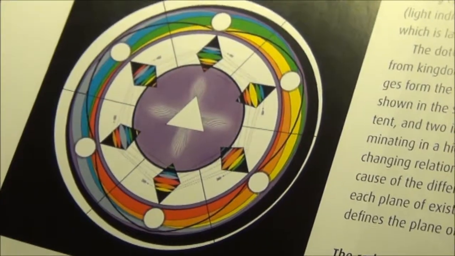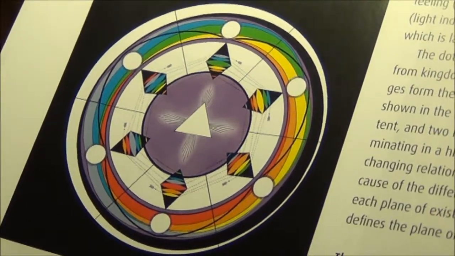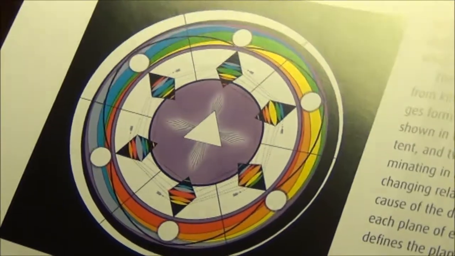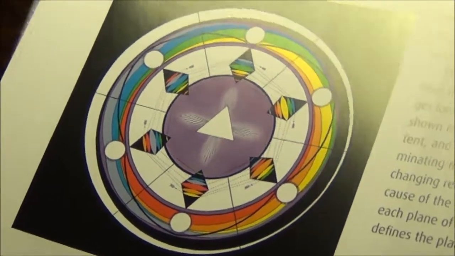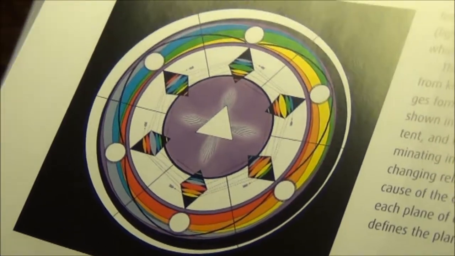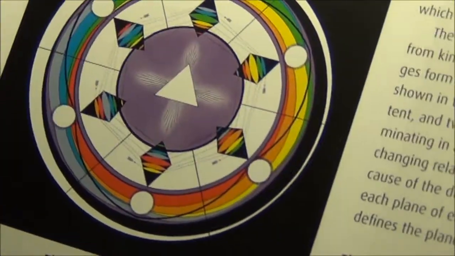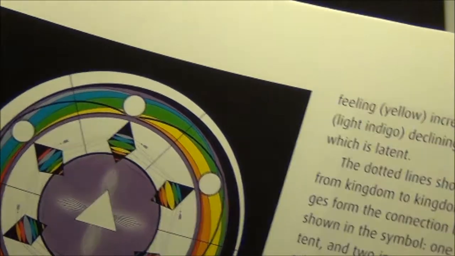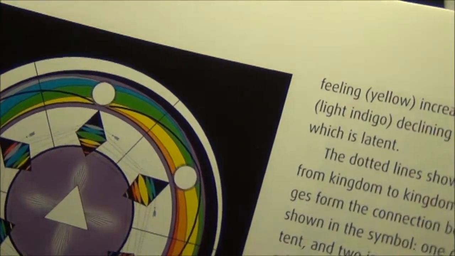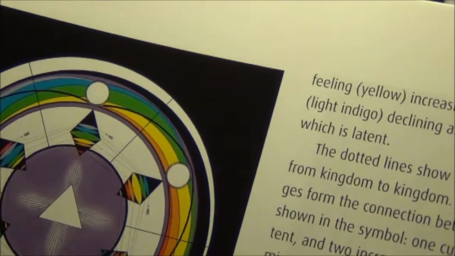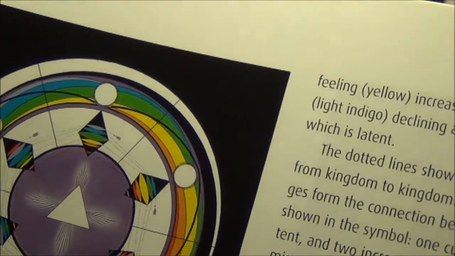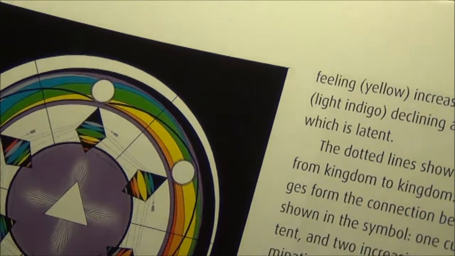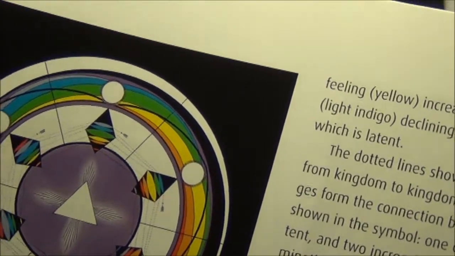If we look at the animal kingdom with the energy of gravity, orange, culminating, the entire body of this kingdom is made up also of intelligence, green increasing, feeling, yellow increasing, instinct, red declining, memory, light indigo declining, and the body of intuition, blue, which is latent.